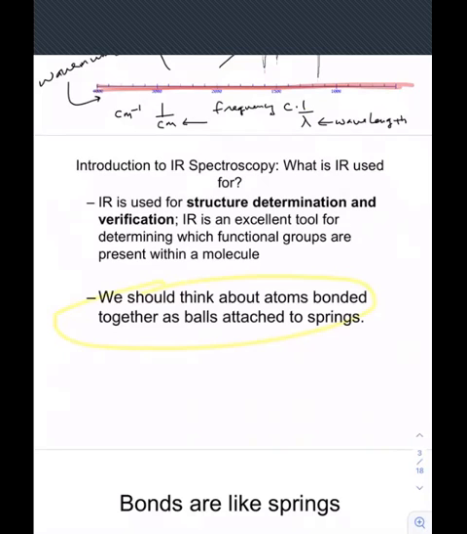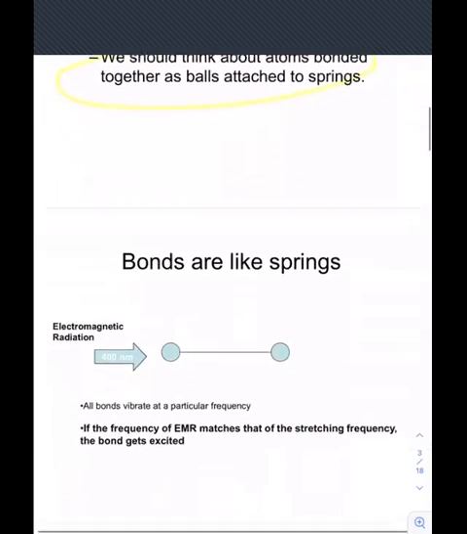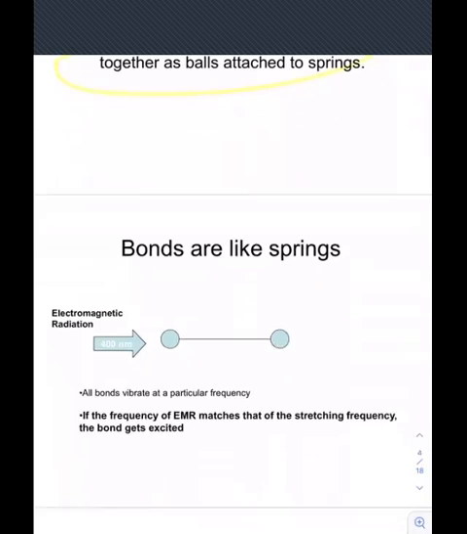And so the bond is like a spring between the two atoms. This is not going to show like it did in the video, but when you think about the two atoms moving, when you hit that bond, or whatever that functional group is, with the right frequency, it's going to intensify the stretching or the vibration of that bond.